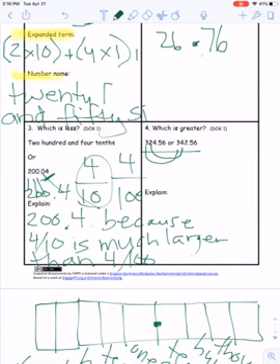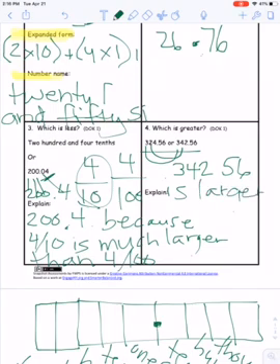Since all the other place values are the same, the number that's bigger is going to have the largest digit in the largest place value. So in tens, which is bigger, 4 or 2? Since 4 is bigger, 242 and 56 hundredths is larger, because 40 is larger than 20.